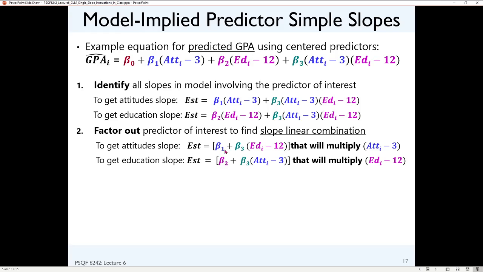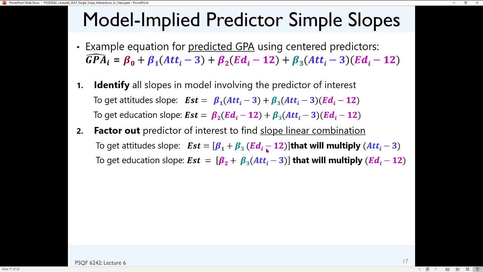These are the necessary components to get to the attitude slope. At a minimum, we need the main effect of attitudes. Beta 1 is going to provide the slope of attitudes whenever education is 0, because that's when this extra part drops out of the equation.